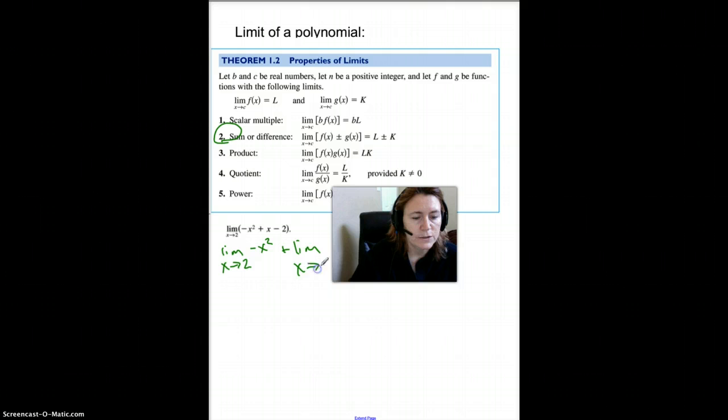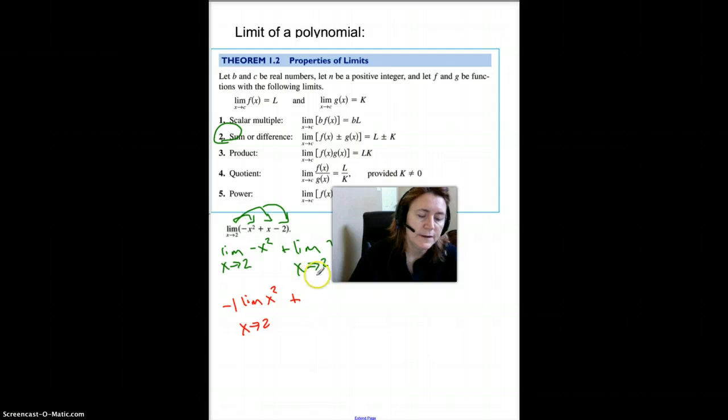All right, I can distribute this minus the limit as x goes to 2 of 2. So you distribute the limit across to each term, and now we can evaluate these. What is kind of hidden here is I can factor out this -1, because here my b is -1. So this is going to be -1 times the limit as x goes to 2 of x squared, plus, let's go and evaluate this.